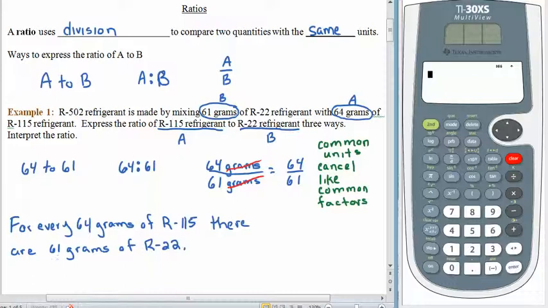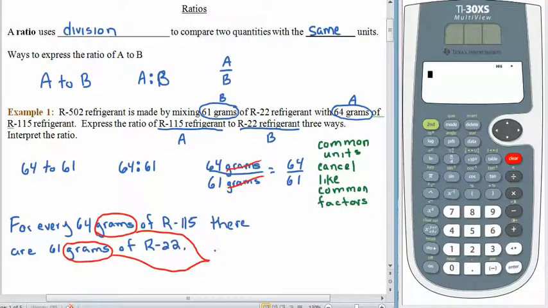And the nice thing about the fact that ratios are unitless is that these grams here really aren't important. So let's just circle these. Grams here, grams here. Grams don't matter. What matters is that the units are the same. So if we wanted a whole bunch of refrigerant, we could say for every 64 pounds of R115, there are 61 pounds of R22.